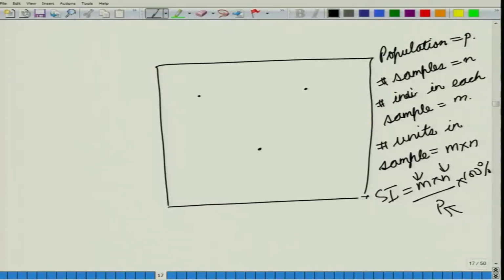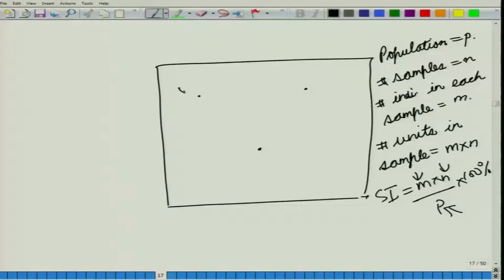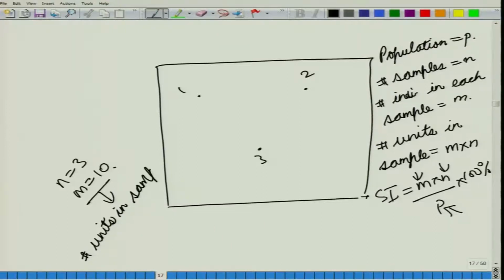Now, in most cases our P is constant. So, in a forest that has 10,000 trees, we can do nothing about the number of trees that are there in the forest, but we can vary M and N. So, for instance, in place of taking these 3 samples 1, 2, 3, suppose each sample had 10 units. So, here we are defining N is equal to 3 and M is equal to 10. So, the number of units in sample is 3 into 10 is 30.